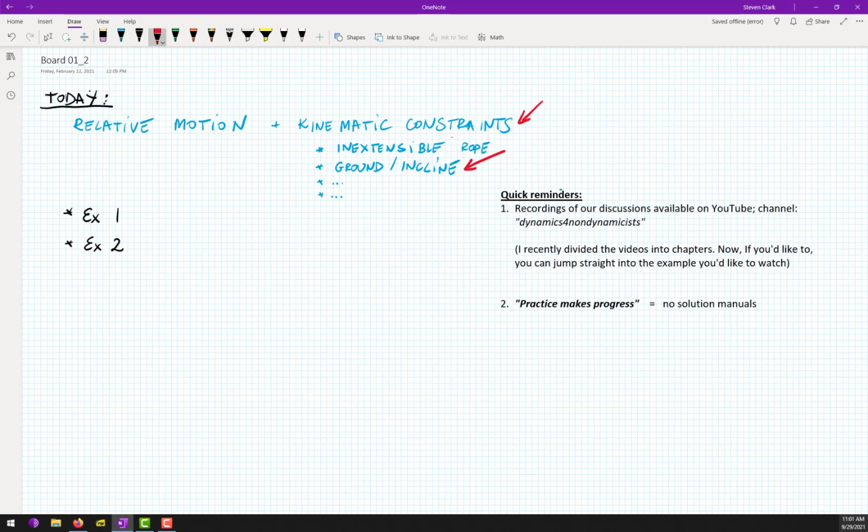If there is an inextensible rope, we replace it with a tension in the rope. We will not see it today, we will do that later this semester. Today we'll just see how that impacts our motion, and we will do just two examples. Example number one, example number two.